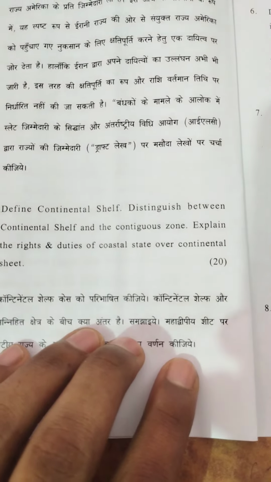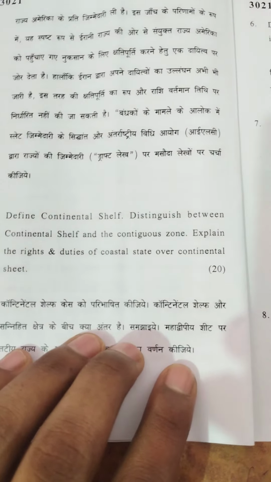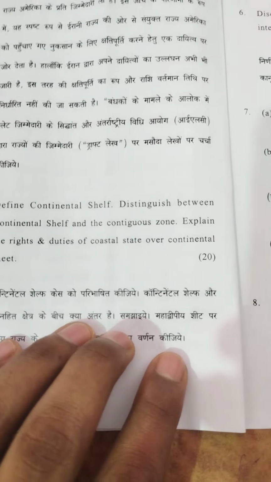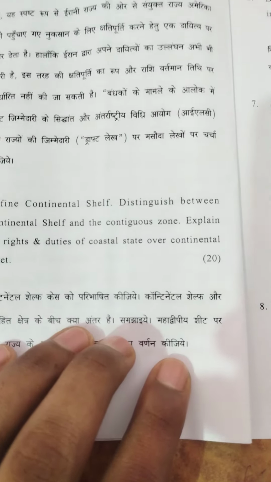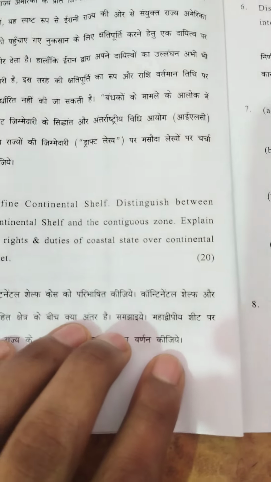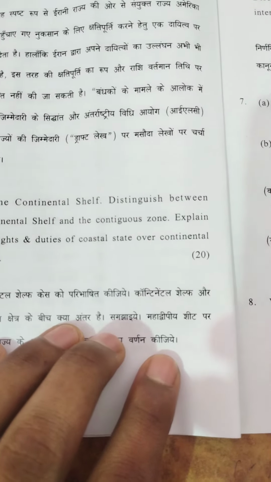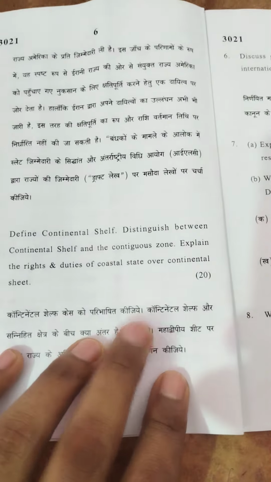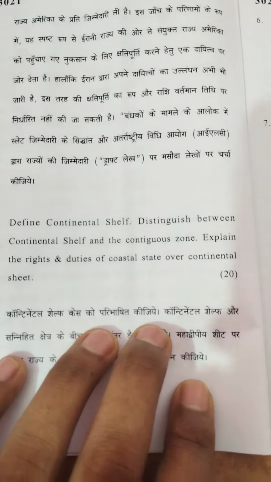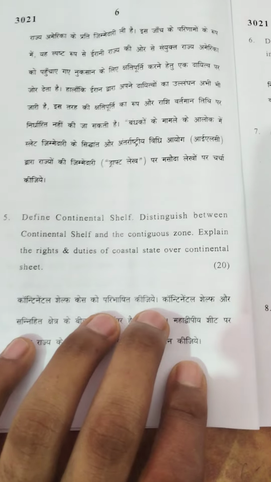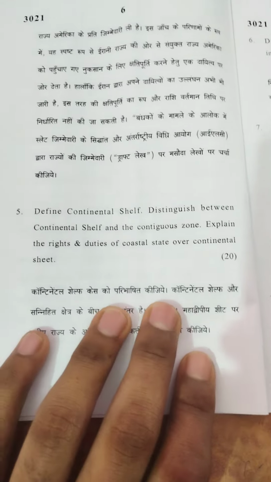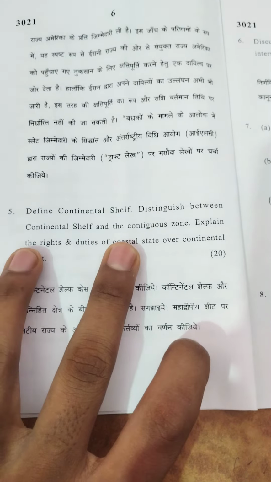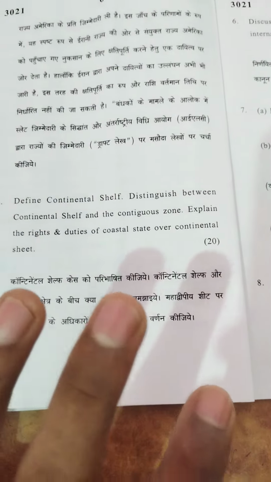First one is territorial sea, second is contiguous zone, third is exclusive economic zone, fourth is continental shelf, and the high sea. These are the 5 major categories of maritime zone for the respective coastal states. So for this question you need to define every category.